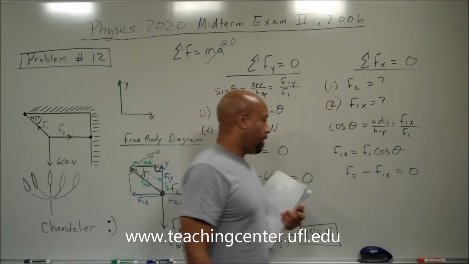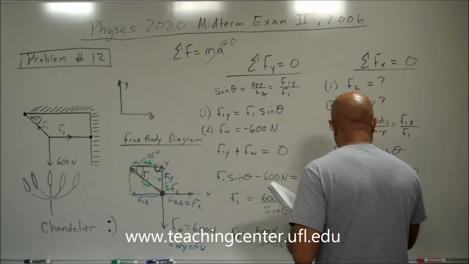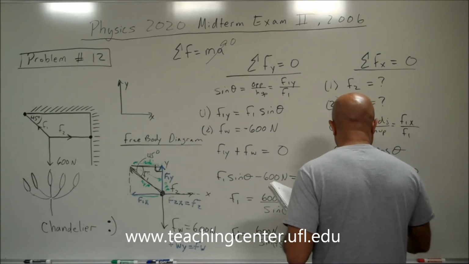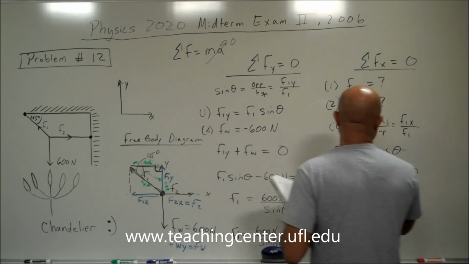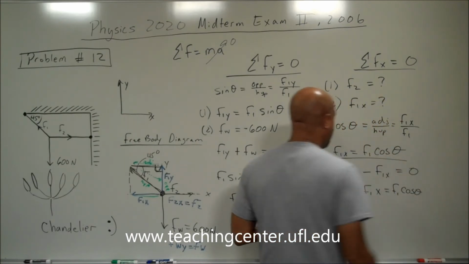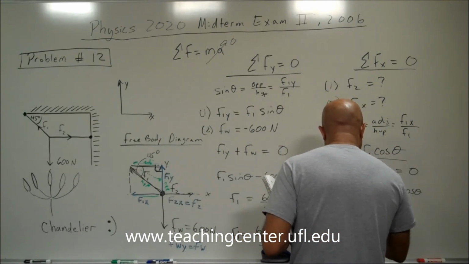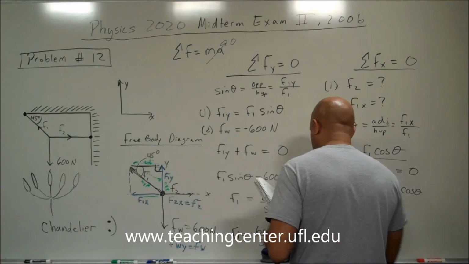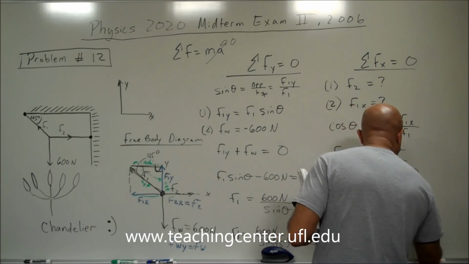We can take F1x to the other side, so F2 is equal to F1x. But F1x is equal to F1 times the cosine of theta, and we got that relationship here. And so F2 is equal to F1, which we just found is 848 newtons, times the cosine of 45 degrees.